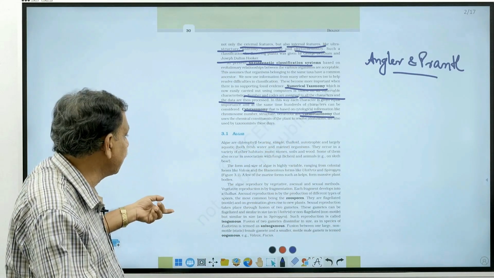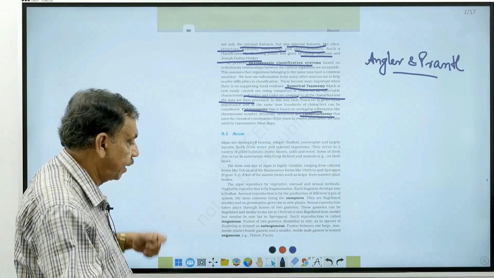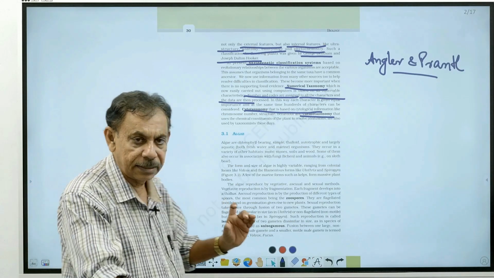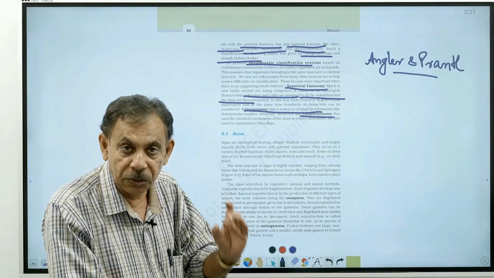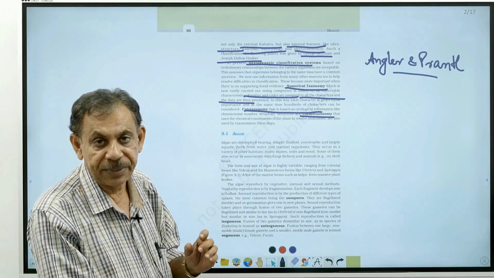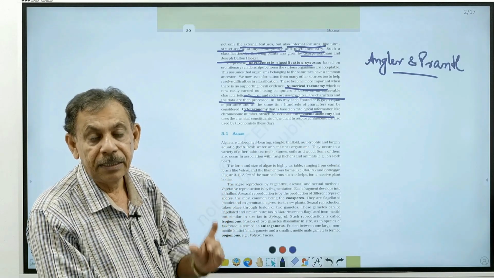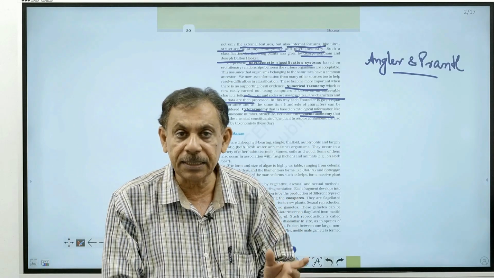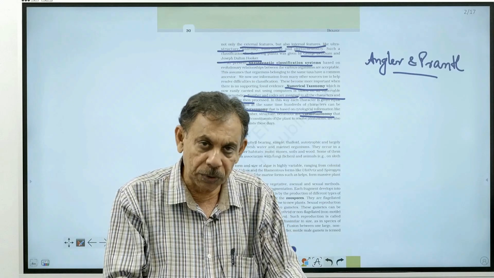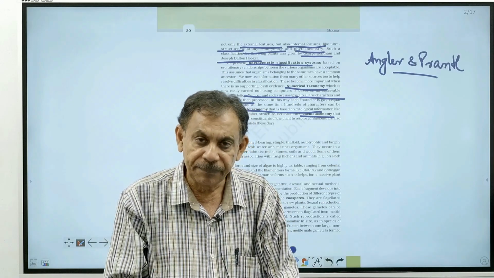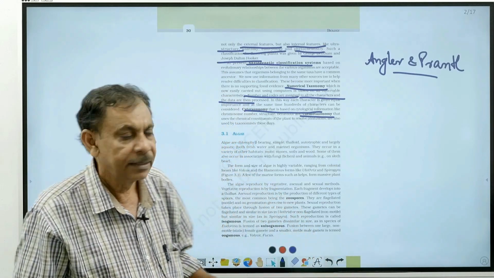Now we are coming to algae. Algae is the lowest group of members of the plant kingdom, coming under Thallophyta. The importance of Thallophyta is that the plant body is not divided into root, shoot, or leaves. It is a flattened body. That is algae.